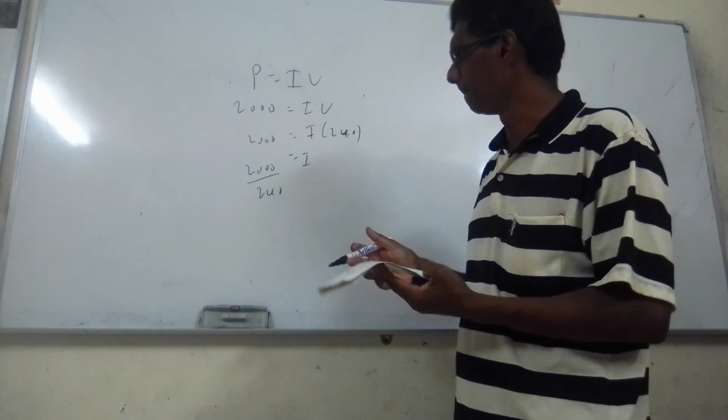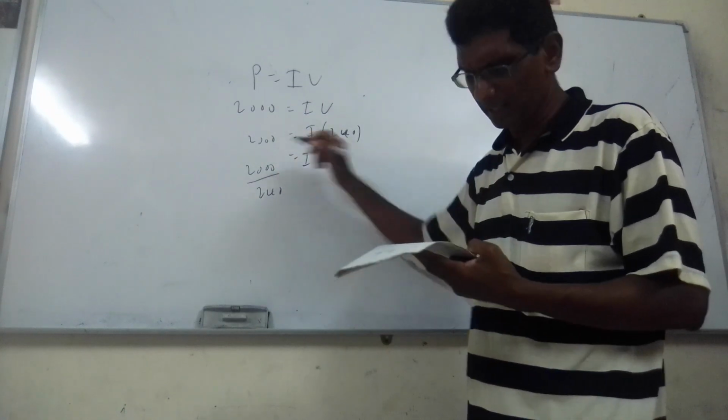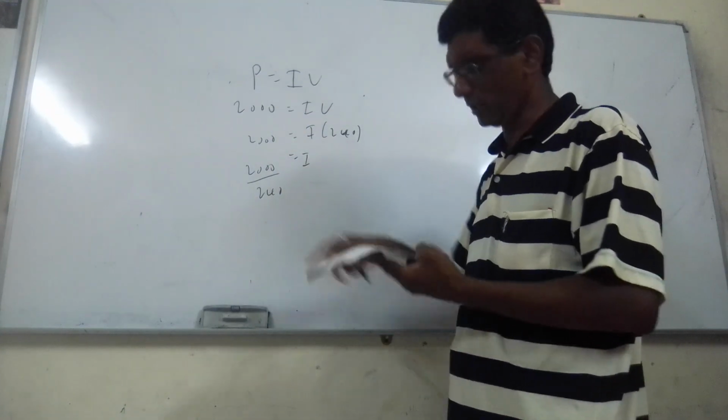Is it 8.33? Okay, then you can find the current: 2000 divided by 240.